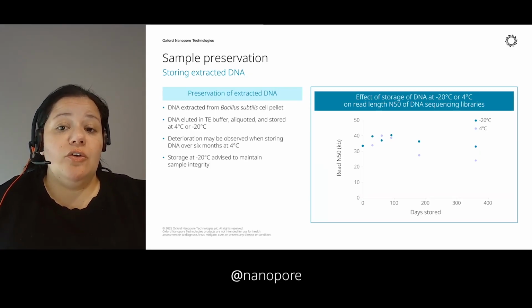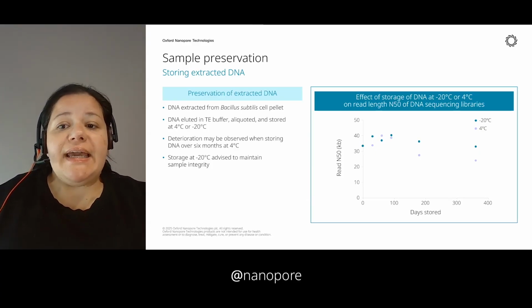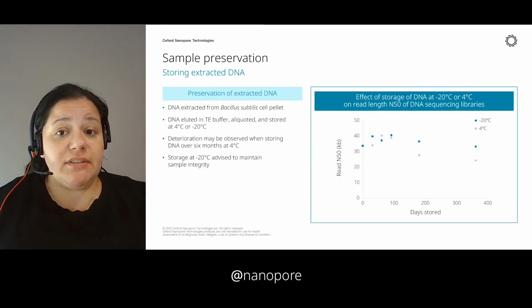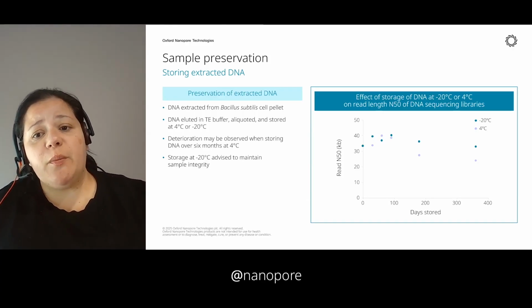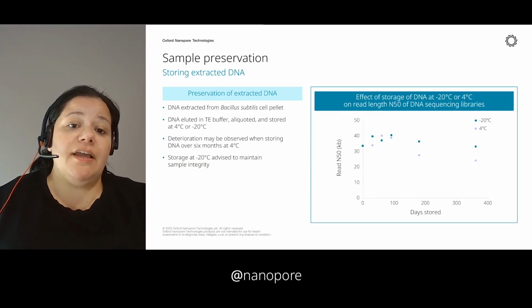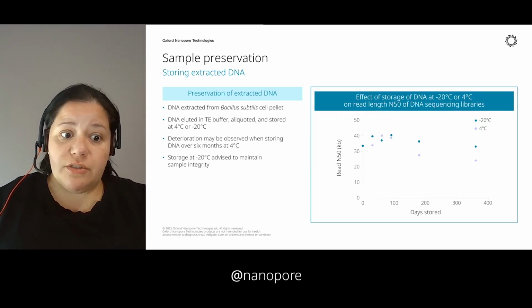So for long-term storage, -20 is the best option. It's also important to note that we've seen this with DNA eluted in TE, so EDTA was present. If you repeat the same experiment without any EDTA present, then the drop in the fragment length could be even faster than what we observed here.